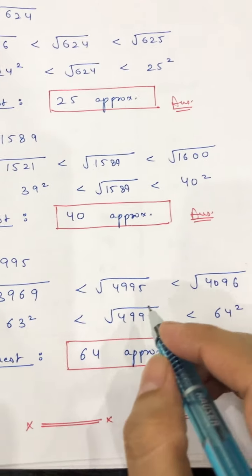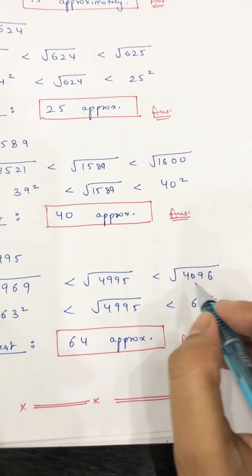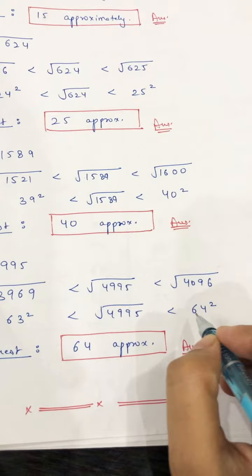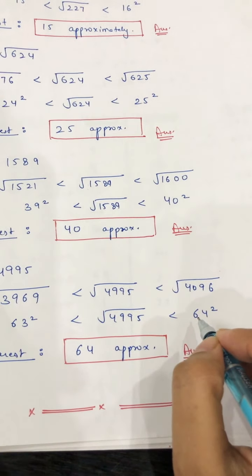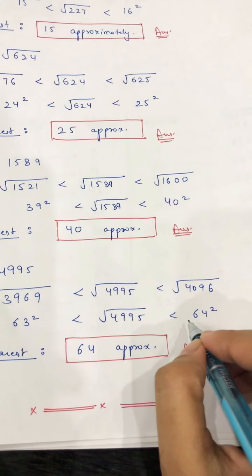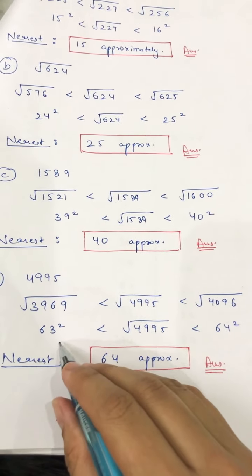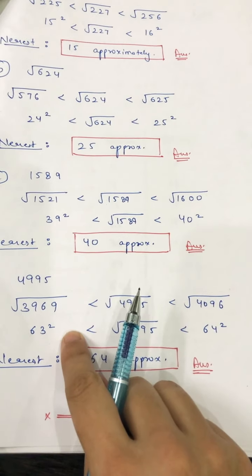After calculating, 4096 is coming. 4096 is a square of 64. Just go for one number. If this is coming nearest, then go for 65 or 63. If this number is coming on the right side, then go for the smaller 63.